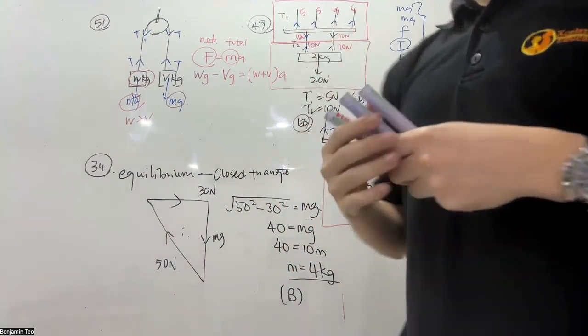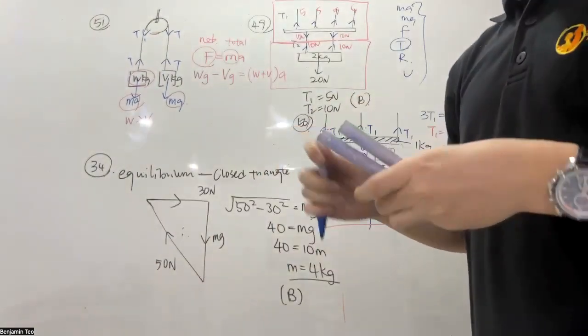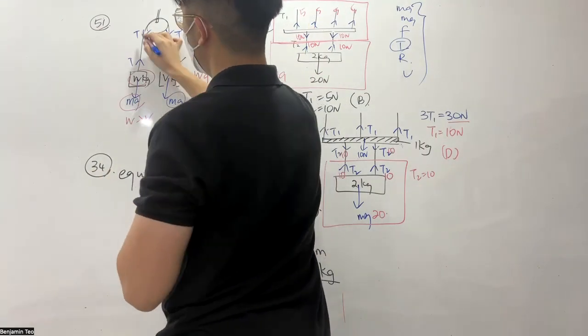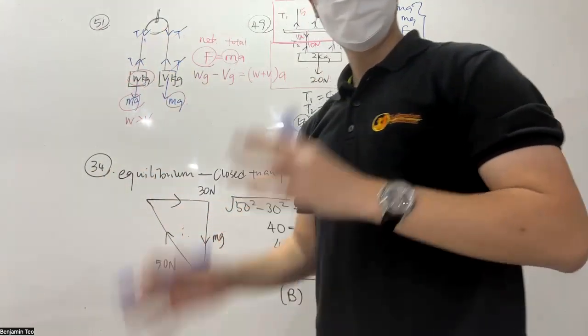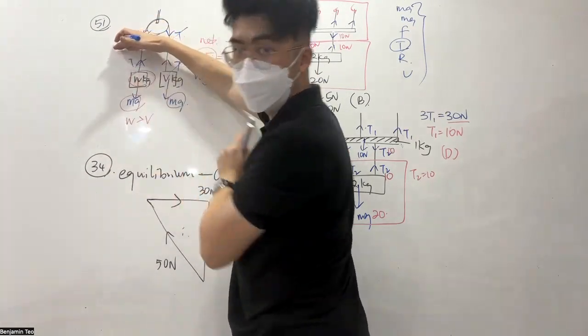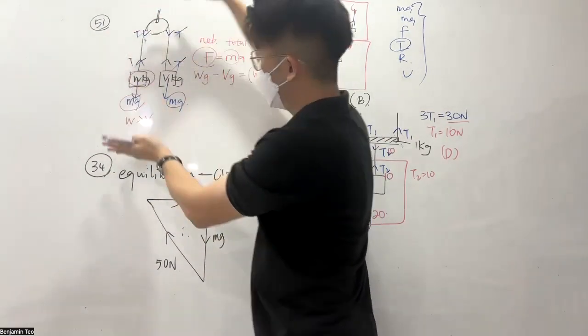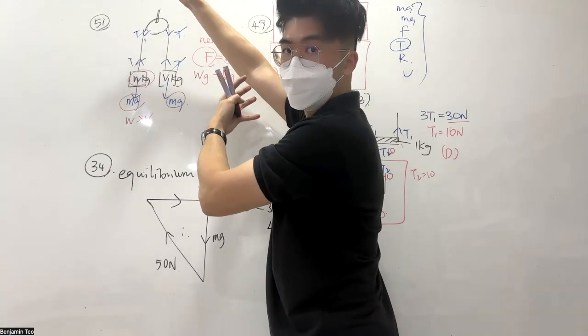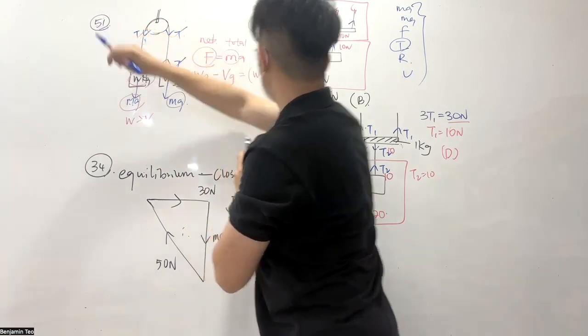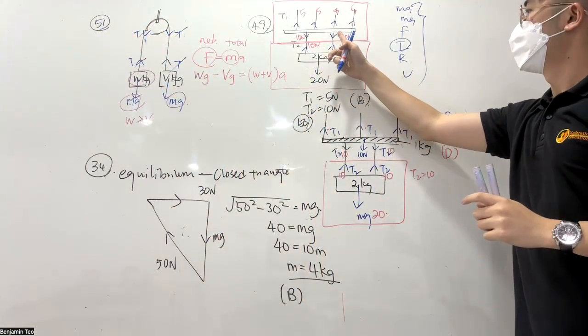Do I care about the tension? No, because you're looking at the whole system. If you consider the whole system, then these two will cancel out. If you consider one free body diagram, then you have to take the tension. You look at the whole thing, they all cancel. You take only one object, you have to include the tension, just like what we did here.